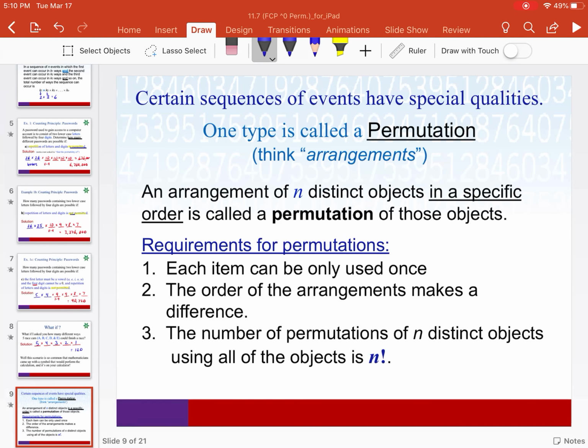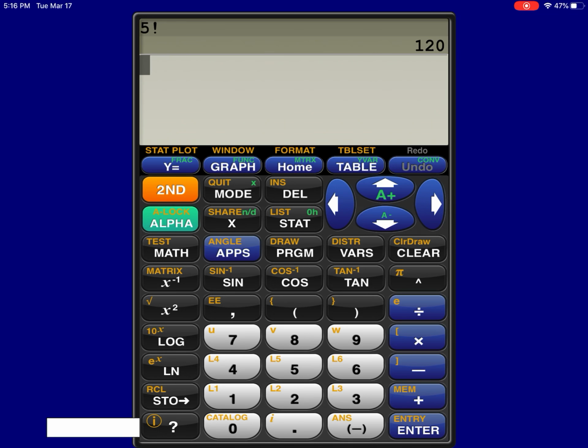There's your factorial. Now, the way that you want to do this is on your home screen, type the number that you want to take the factorial of. So we would type 5. 5 factorial was 120, so we'll do 5, and then math, find your PRB, and then hit the factorial, and there you go.